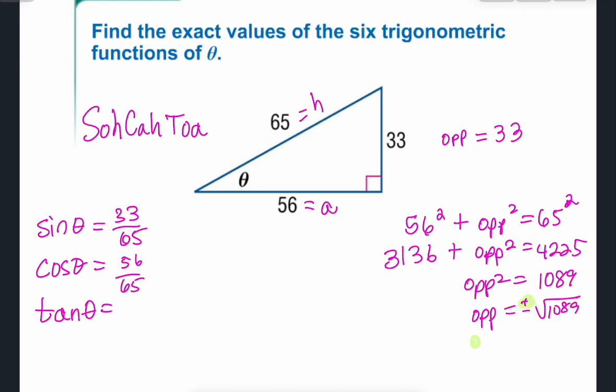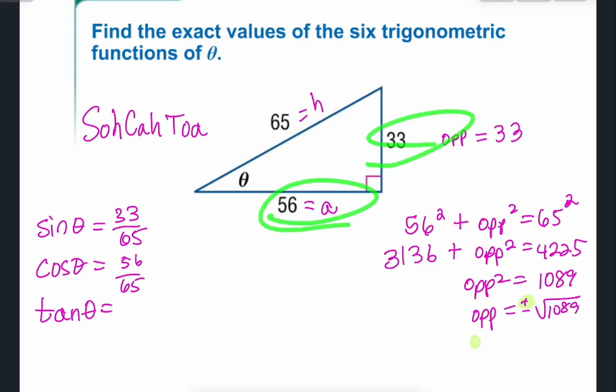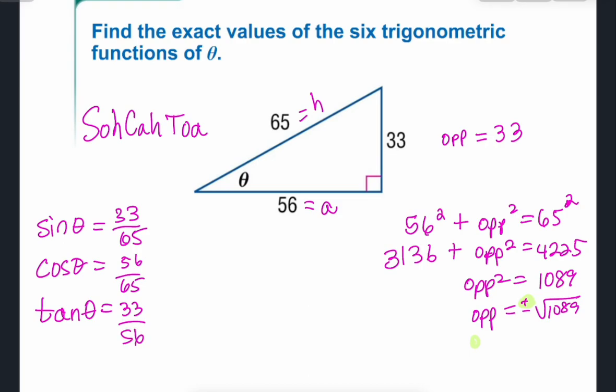And then finally, tangent is opposite over adjacent, so that's 33 over 56. Now, none of those fractions reduced. If those fractions reduced, I would want them in reduced fraction form. That's your answers. That's your first 3 trig functions, the sine, the cosine, and the tangent.